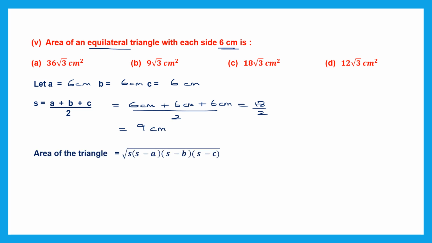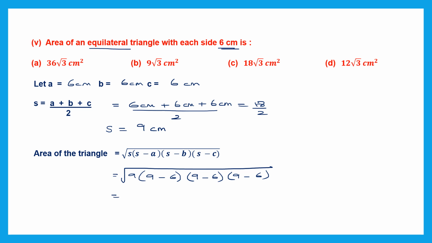Now we can use the formula. Area of a triangle is this. So let's substitute wherever we have S. Remember, this is S, the semi-perimeter. So we write 9 first, into 9 minus A, and A is 6, into 9 minus B, B is also 6, into 9 minus C, C is also 6.